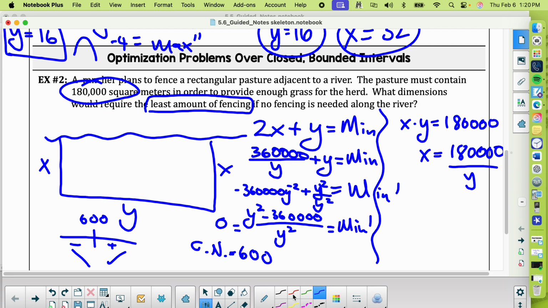So I just found out that y is equal to 600 meters. And I have to figure out what x would be. X is 180,000 divided by 600, yeah, 300. I'll write it over here so you don't miss it.